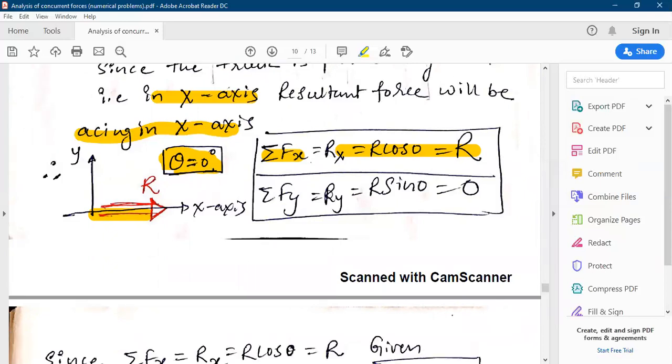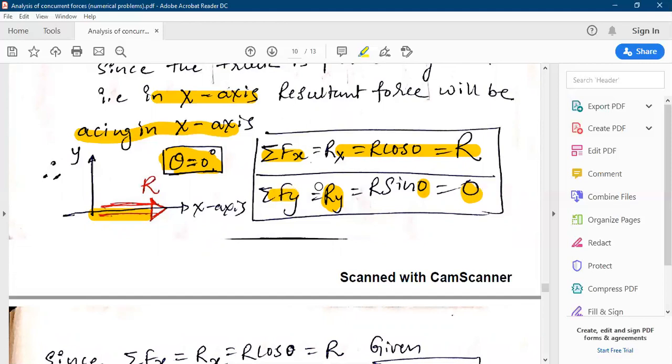The y component of the resultant force R, Ry, is R sin theta. Here theta is equal to 0, sin 0 is 0, and 0 multiplied by anything is 0. So all the y components of force will be equated to 0, because Ry is equal to 0.